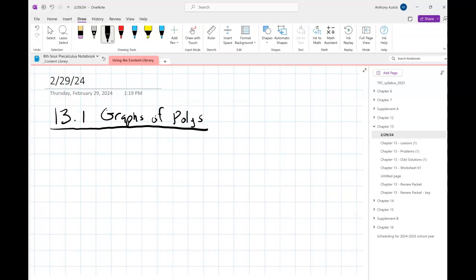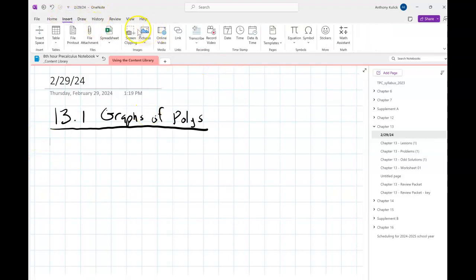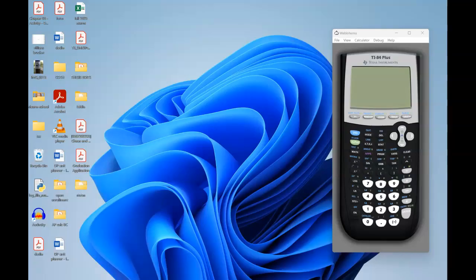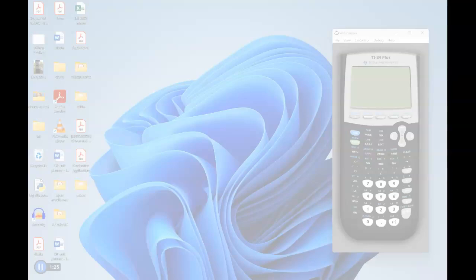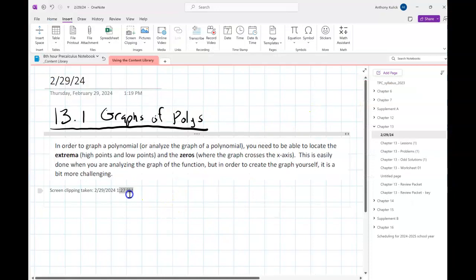All right. So today we're going to continue talking about polynomials. We're going to start by talking about graphs of polynomials. And there are 2 key features on the graphs of a polynomial that we're going to start by talking about today.